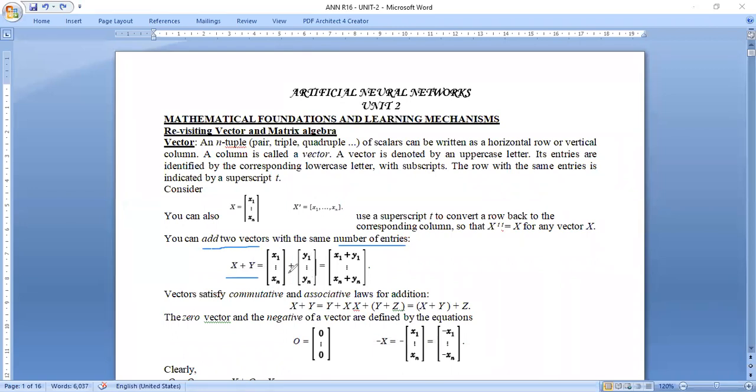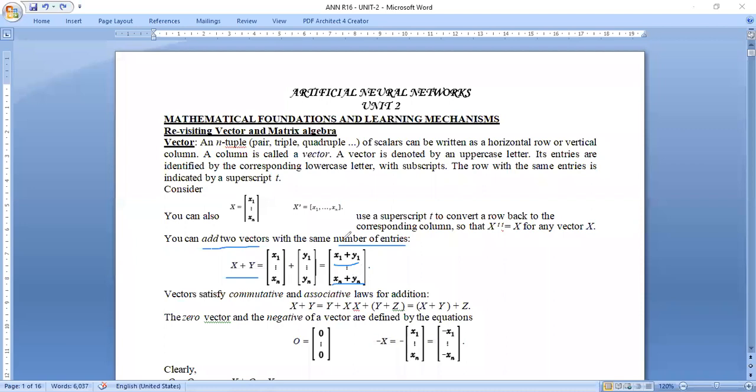Whenever we perform this addition operation, you will get x1 plus y1, x2 plus y2, x3 plus y3, and so on, xn plus yn. This is the addition of two vectors, but the condition is the number of entries in the vectors should be equal or the same.